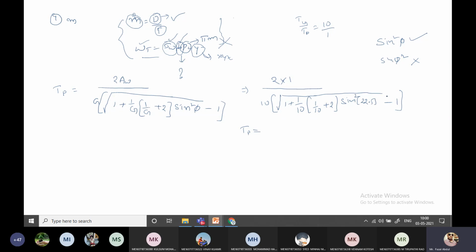Minus 1 is outside the square root. Now tell me the TP value. What is the TP value?